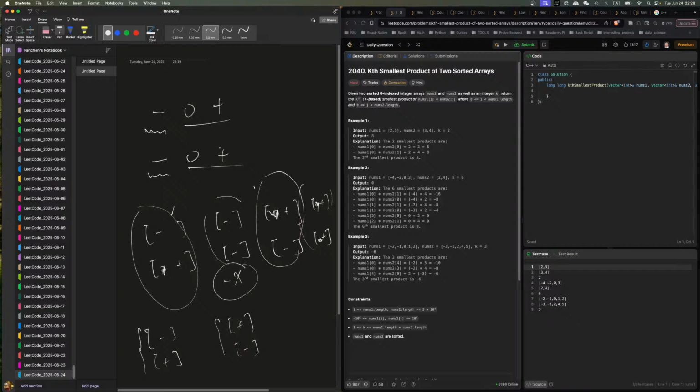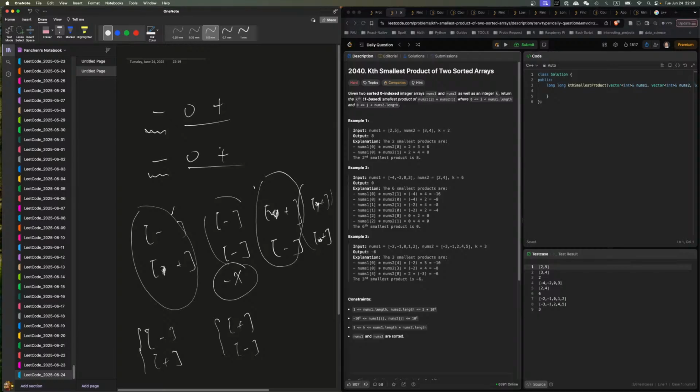We can do -1, 0, -1, 0, 1, and then plus 1. -2, 0, 2, and then plus 2, right? And then we'll say the neg count, 0 count, and a pos count. And then we see where the k lands.